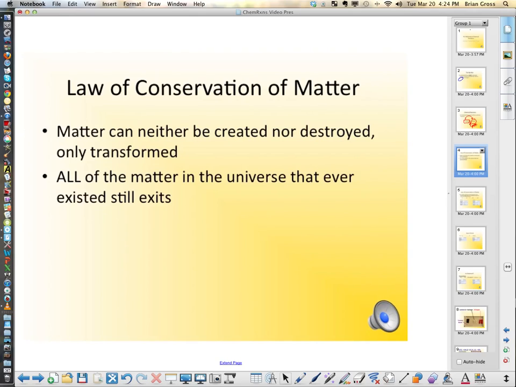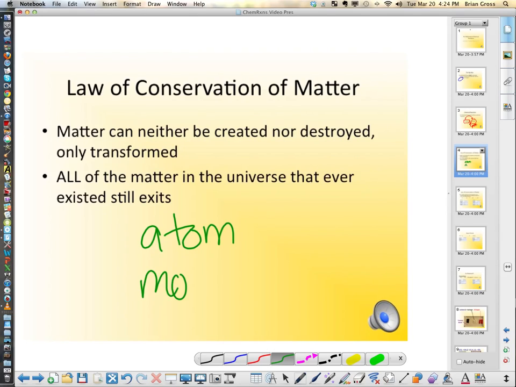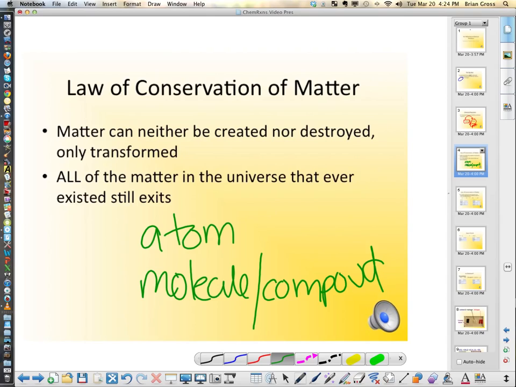So let's take a second and talk about the conservation of matter. First of all, what is matter? And something that's really important for you to understand is the difference between an atom and a molecule or compound. And this is a somewhat confusing topic, even though some of you learned about it last year.